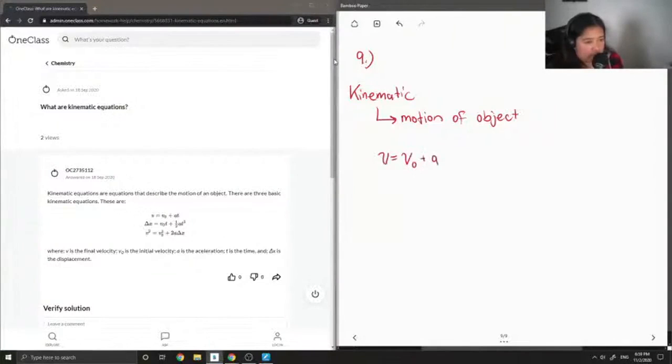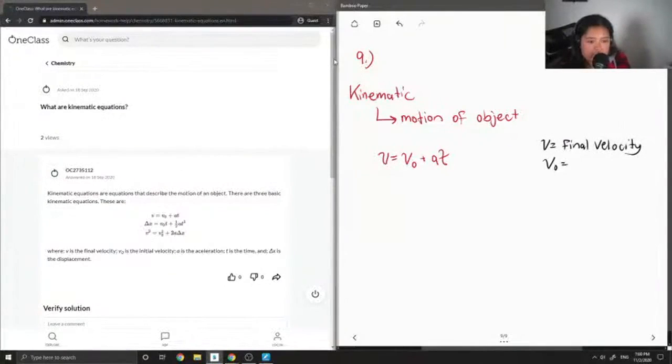First, I'll just write down the most common one, where velocity is equal to the initial velocity plus at. And then on the right, I'll just write down what everything means. So this is final velocity. v naught.